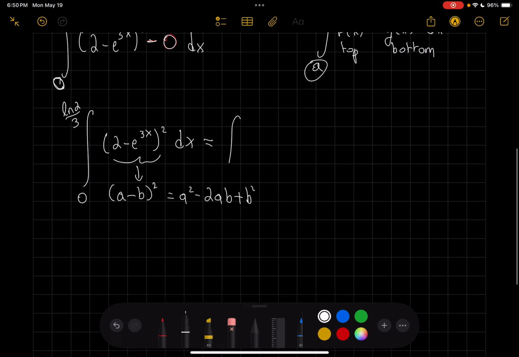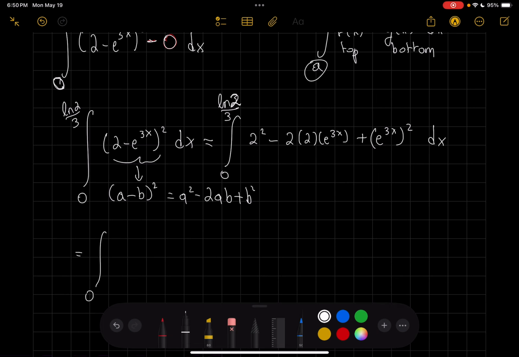So basically this integration is going to be equal to a squared, which is going to be 2 to the power of 2, minus 2ab, plus (e to the power of 3x), all of it to the power of 2, dx. So then it's going to be the integration between 0.